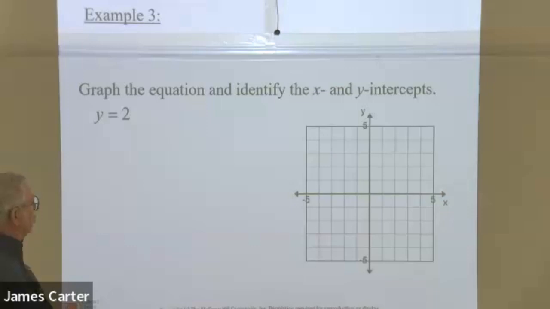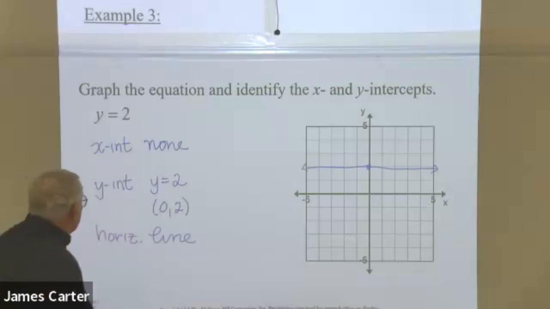What about horizontal lines? Here, you tell how high or how low above the x-axis it is, and that will be your constant. We've got the point 0, 2 right there.